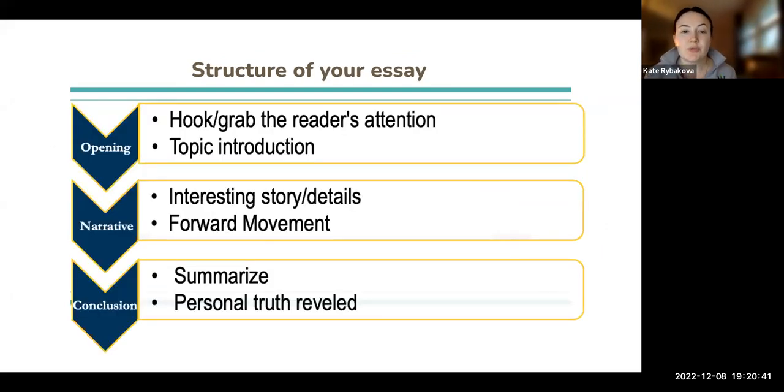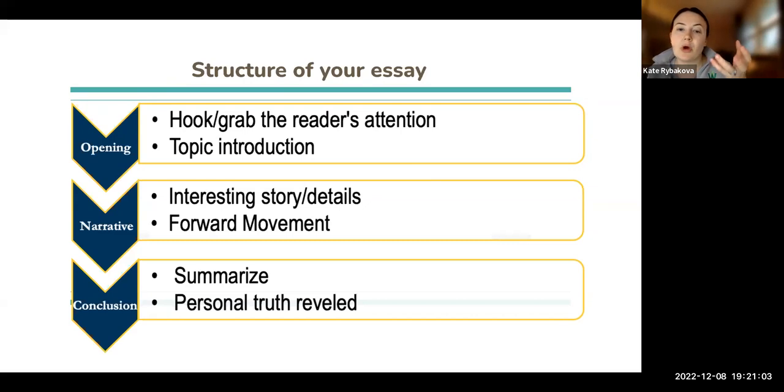So a simple structure would be you grab the reader's attention with your hook, with your opening, and then you introduce a topic. So I always recommend starting with a quote, is easy enough, right? So if you know a quote by your favorite, whether it's an artist, politician, writer, whoever it might be.